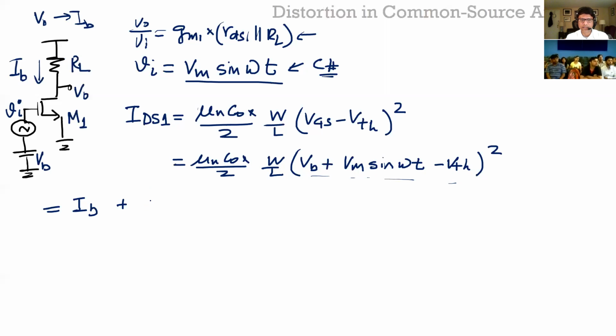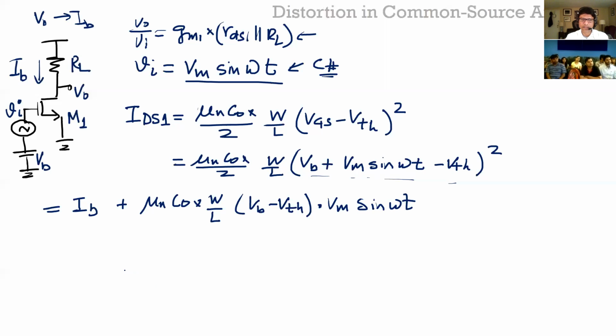Now, because it's a square relation, you'll get the linear term. Again, I'm just going to write the result. Just trust me on that one. W over L times VB minus VTH times Vm sine omega t.